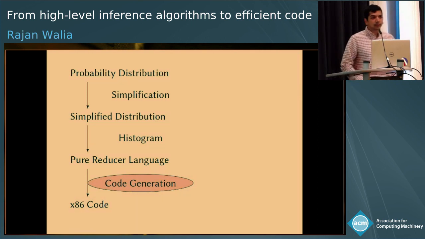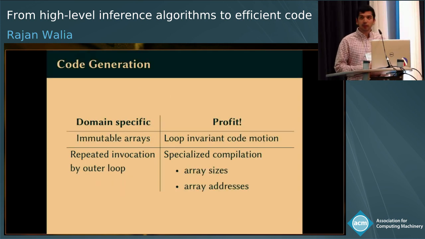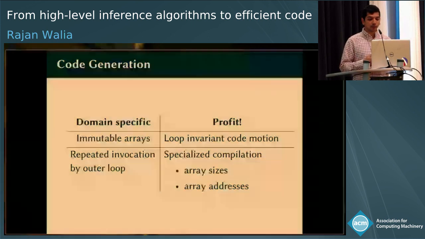So once we have done this, we want to do efficient code generation for these kinds of things. And we use our domain-specific properties to perform many compiler optimizations aggressively, which are, again, not that easy to perform in general-purpose programming languages. Like loop invariant code motion is really easy to perform in pure code the way we do it.